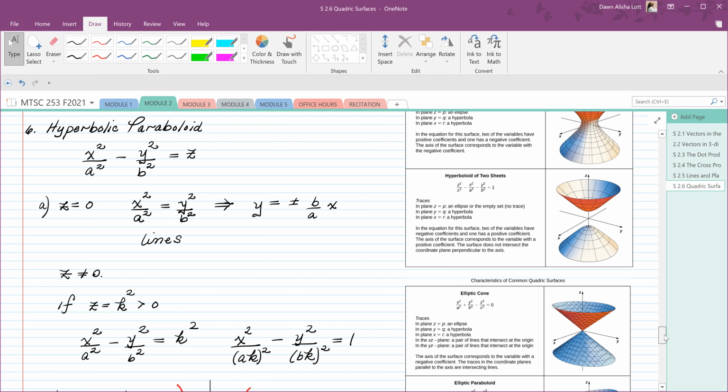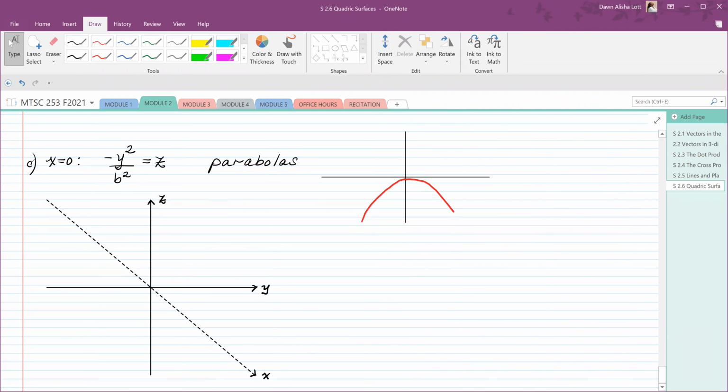All right. When x equals 0, I know I'm going to get something that looks like this.